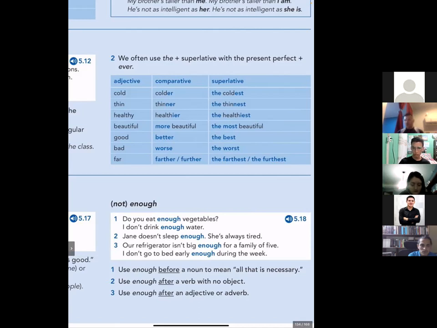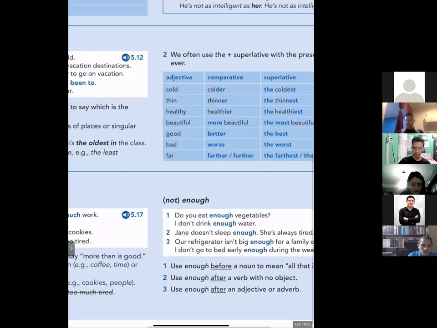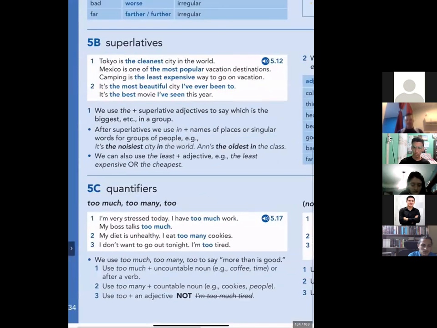When it comes to quantifiers, I think that the secret here is to look at the nouns. Are they countable or uncountable? For that, pretty much it's just getting a list of countable and uncountable nouns and learning them.